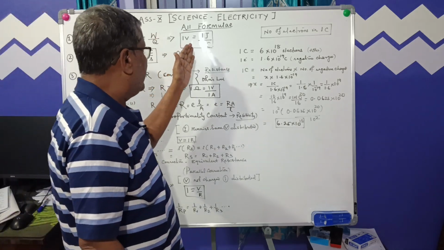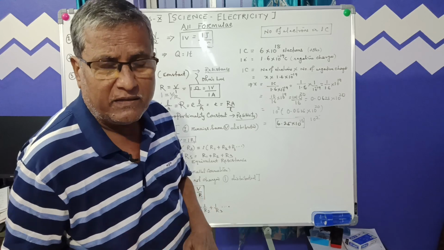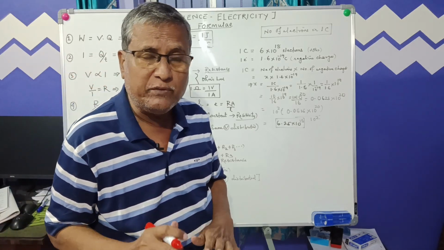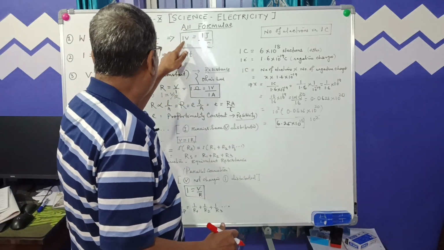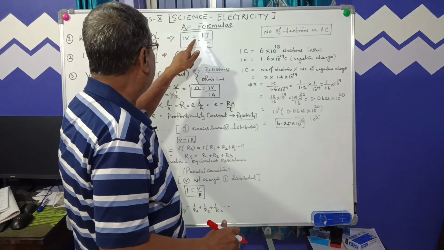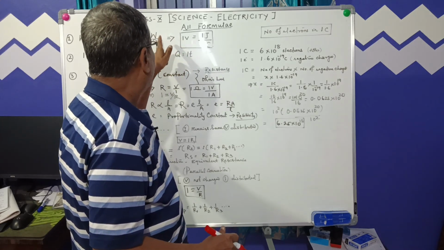And we can write in the international standard SI unit, 1 volt is equal to 1 joule per 1 coulomb.